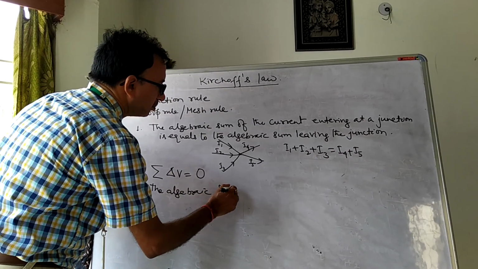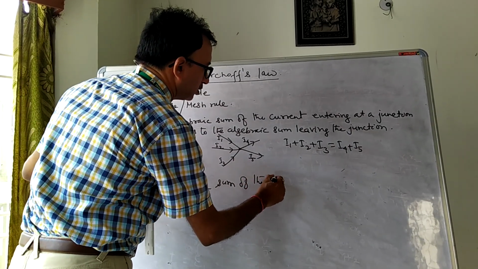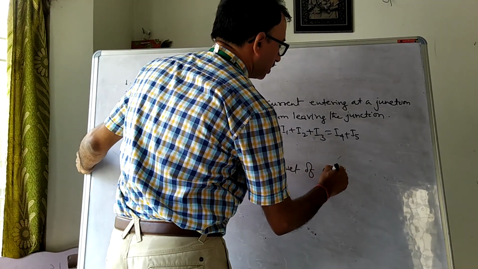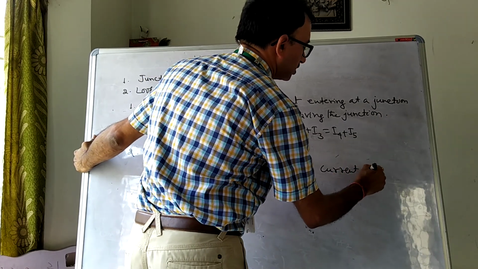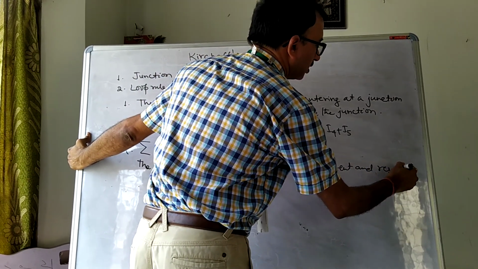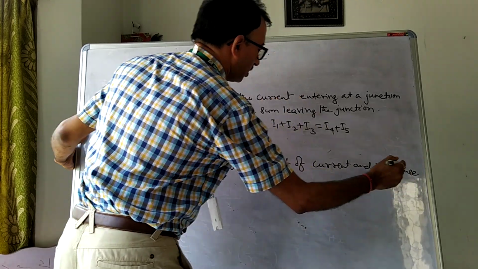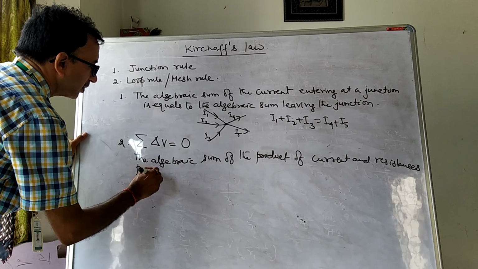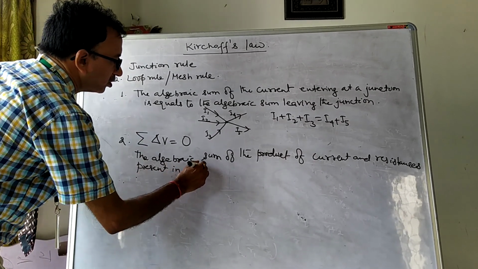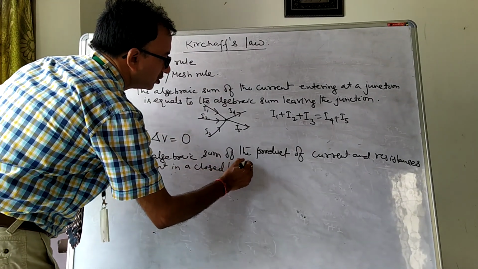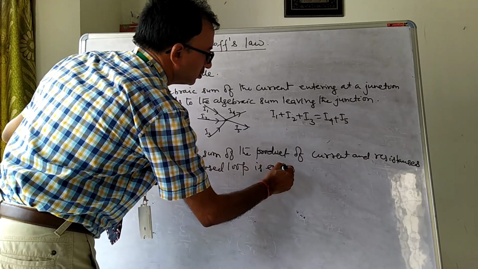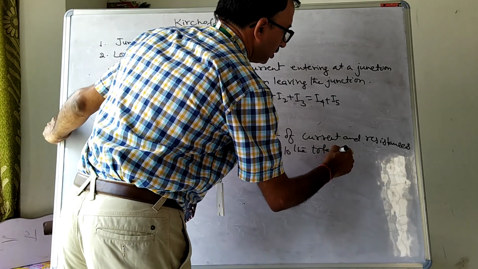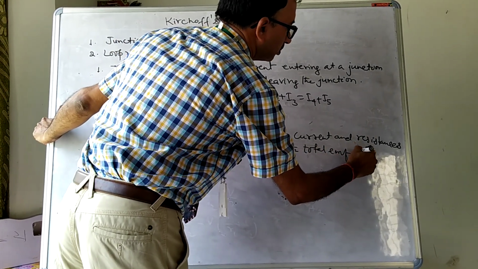The algebraic sum of the product of current and resistances present in a closed loop is equal to the total EMF present in the loop.